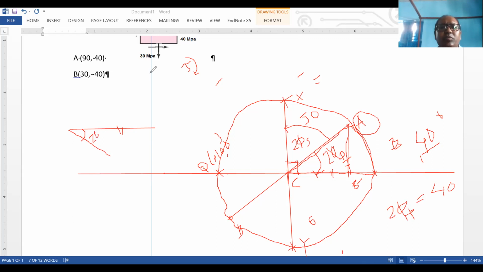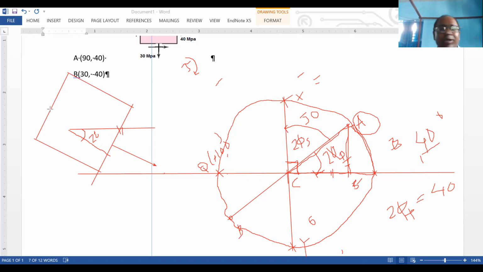Now, with this corner, I'll make a rectangular element right over here. You will have pencil and scale, you will draw better than me. So this is the center of the rectangle. When I rotate 20 degrees, I'm coming to point B. So at point B, this is my sigma 1. Now what is the shear stress? 0.